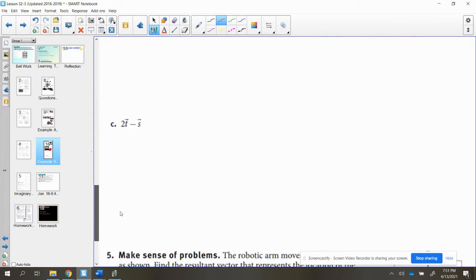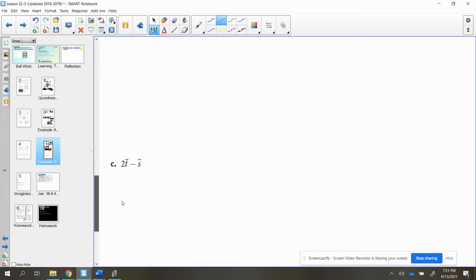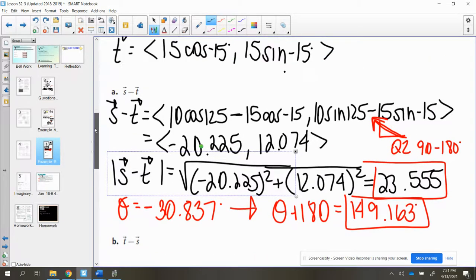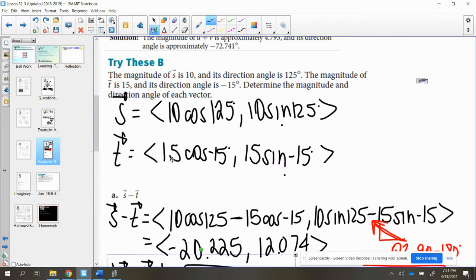Okay. Let's try one more of these, and that one is example C here. Now, from up above, we said that we have vector S, right? One thing we didn't calculate, though, was 2 times vector T. And if we doubled the 2T, really instead of being just 15, it would be 30, but our angle measures would stay the same.